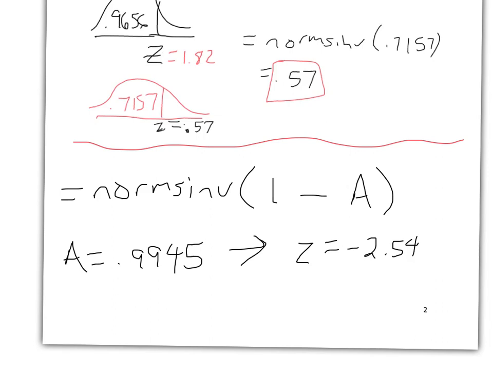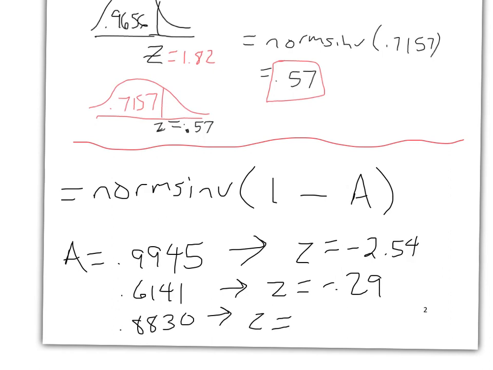For B, A was 0.6141, and so my answer would have been negative 0.29. And for C, A is 0.8830, and the Z is negative 1.19.